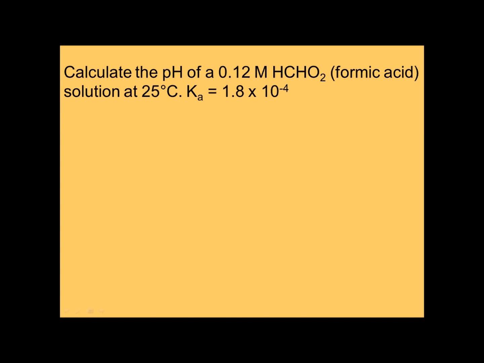This is another example. I want you to press pause. I want you to work it out on your own. I'm just going to write in the answers. Point zero... pH.